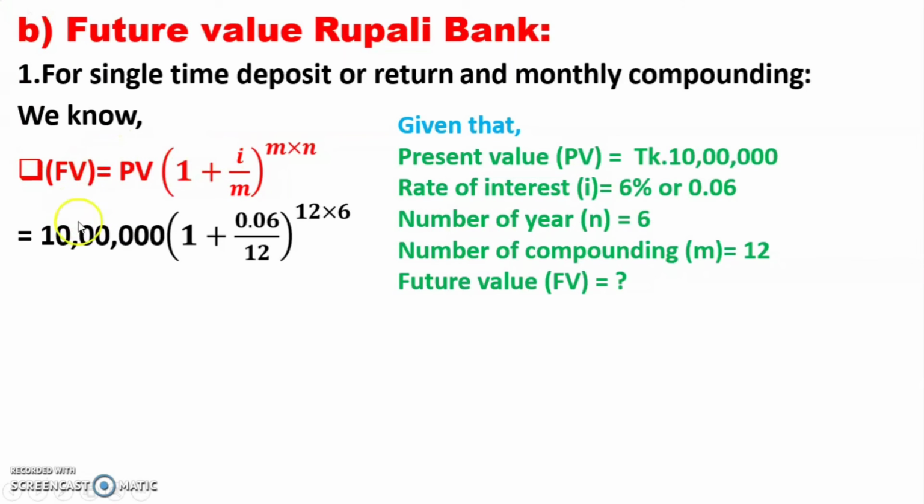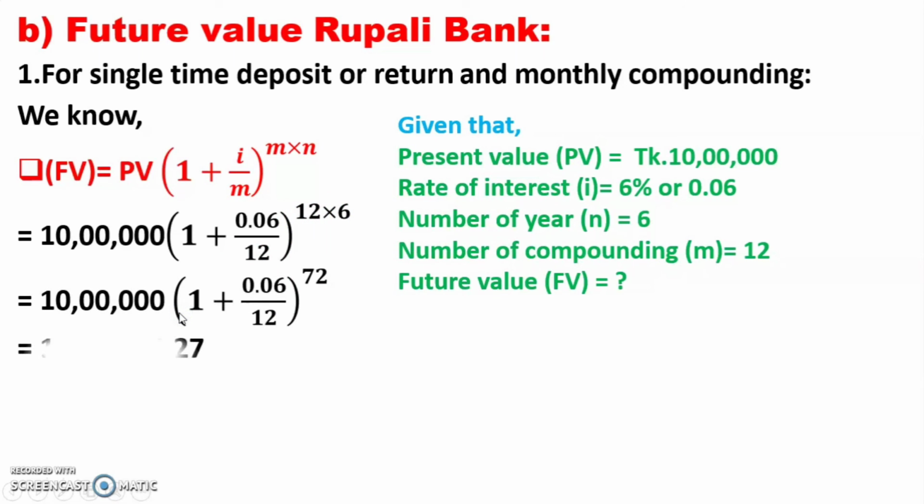Now we will put the values in this formula. PV equals 10 lakhs, (1 plus I, 0.06, divided by m equals 12) power 12 into 6. After calculation, we find the future value is 14 lakhs 32,000 044.27.